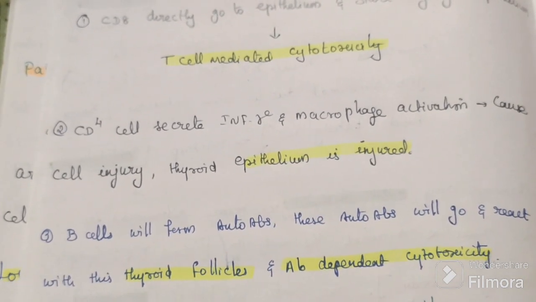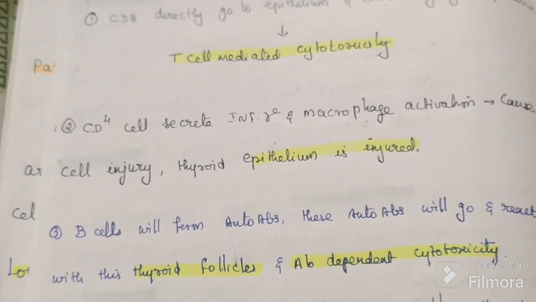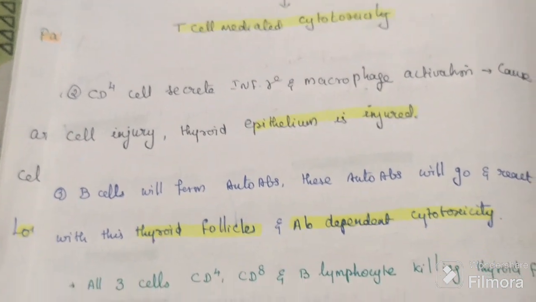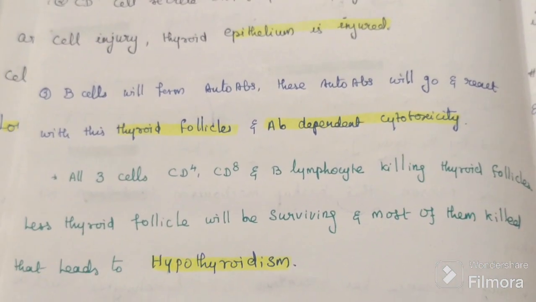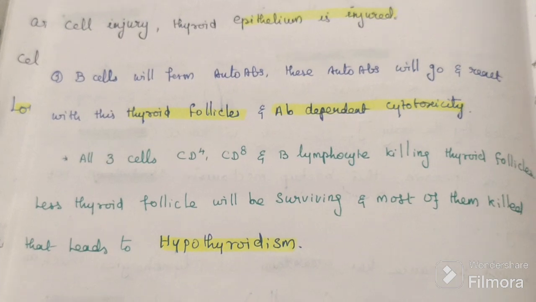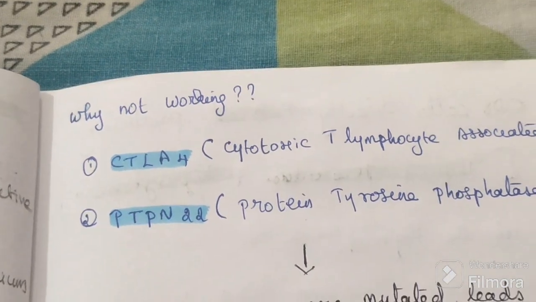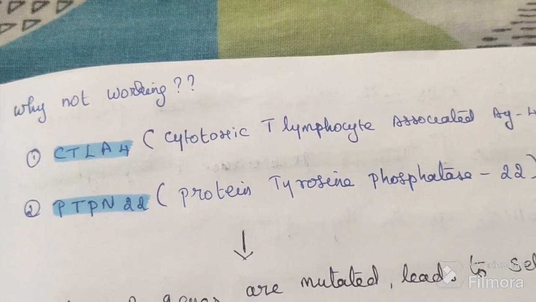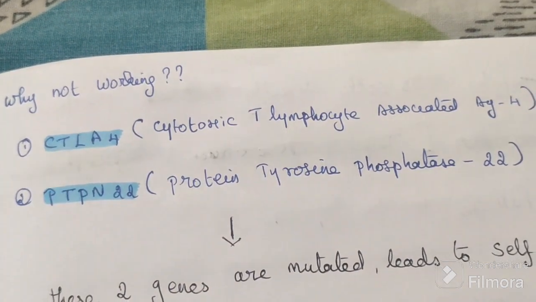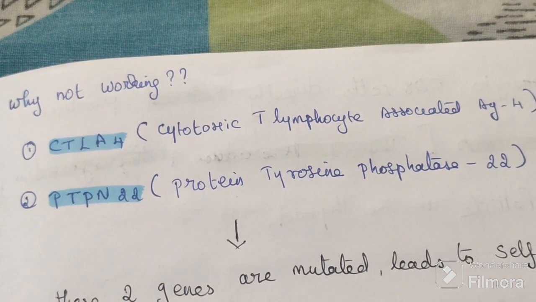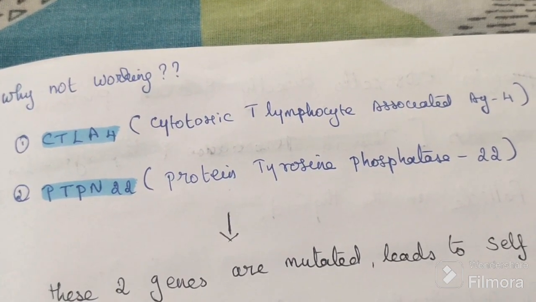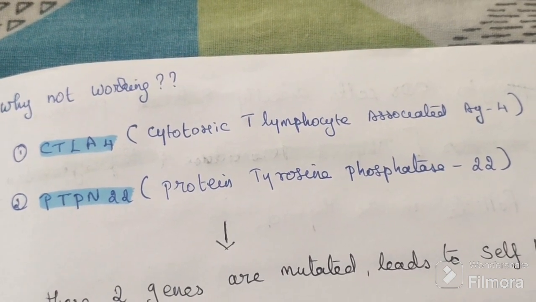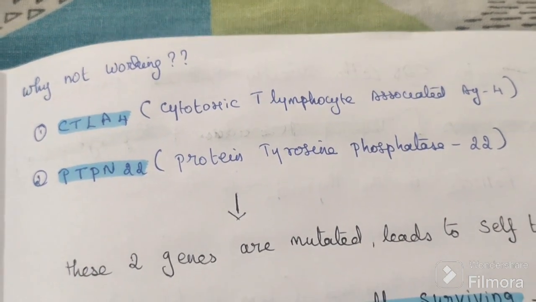Fewer thyroid follicles survive and most of them are killed. That leads to hypothyroidism. Everything happens because of one thing, the breakdown of self-tolerance. Self-tolerance is not working, that's why self-reactive CD4, self-reactive CD8, and self-reactive B lymphocytes are surviving.